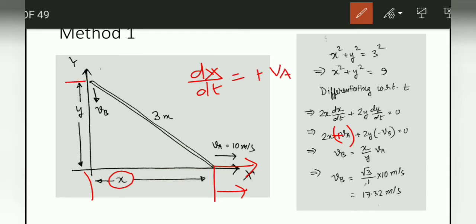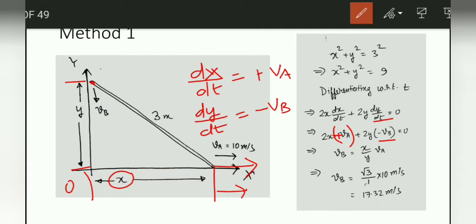And for our length y, since the point B is coming closer to O, that is the origin, we can write dy by dt is equal to minus vb because it is decreasing. So for dy by dt we have replaced minus vb.